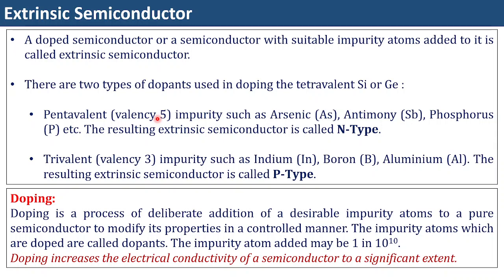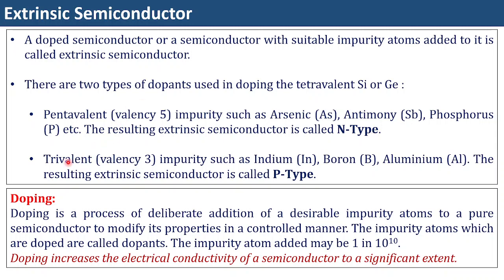Now pentavalent atoms such as arsenic, antimony, phosphorus, etc., have 5 valence electrons, that means 5 electrons in their outermost orbital. So when you add those pentavalent atoms to intrinsic semiconductors such as germanium or silicon, the resulting semiconductor is an extrinsic semiconductor, and that is called an N-type extrinsic semiconductor. Why is it called N-type? We shall come to that in a while.